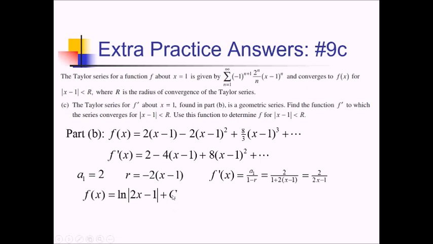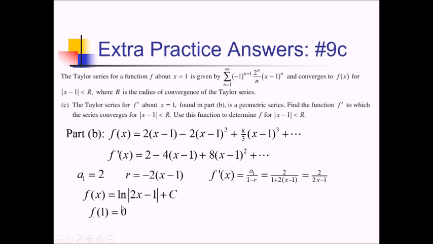We're going to have to figure out what c is. In order to do that, we need some kind of initial value. So the key on this one, if you look back at the original series, the only initial value you really know is if you plug 1 in for x, well, 1 minus 1 would give you 0 here. That would zero out everything, and the sum of a bunch of zeros added together is just 0. So we know that f of 1 is going to be 0, because 1 is the center.